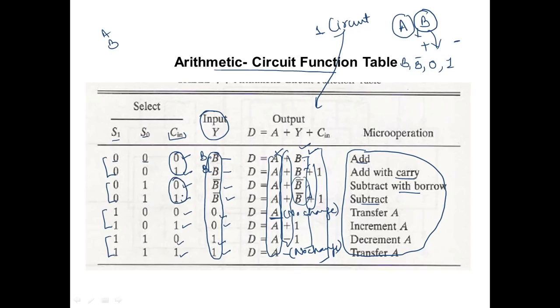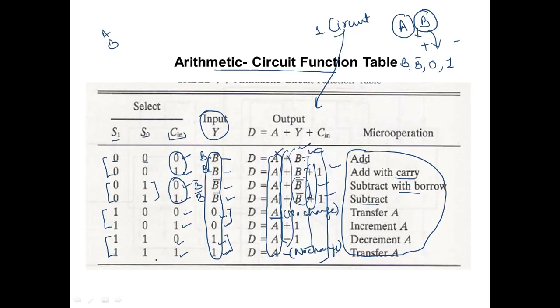For the next two possible combinations, C in can be 0 and 1 again. So I am saying, let's try it with this complement method and then observe what I can get as an output. Similar is the case for this 0 and for this 1.